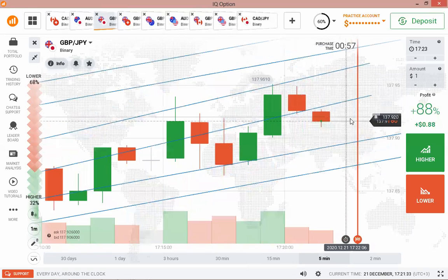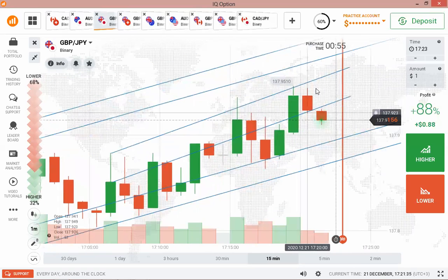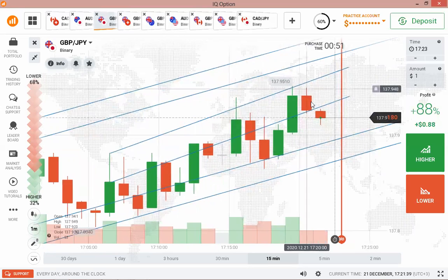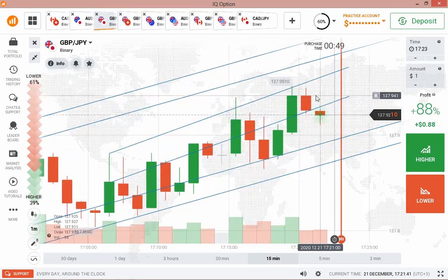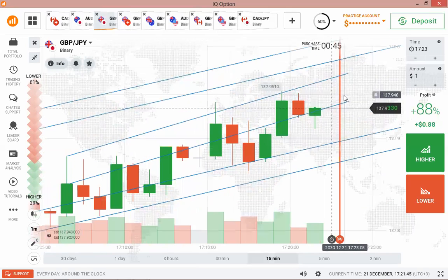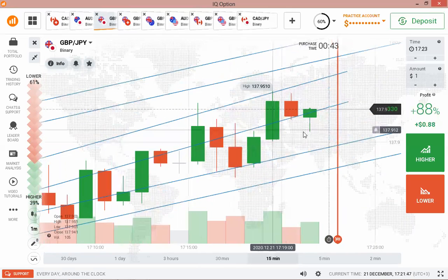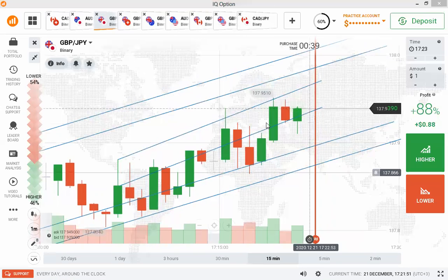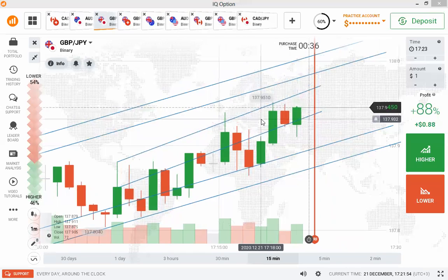So that means we have our major support, major resistance, and minor resistance level. We don't have the minor support yet.